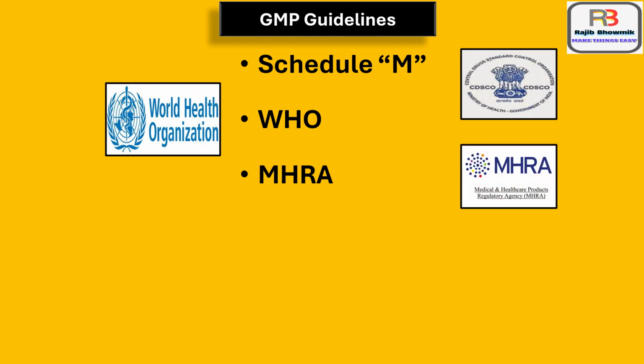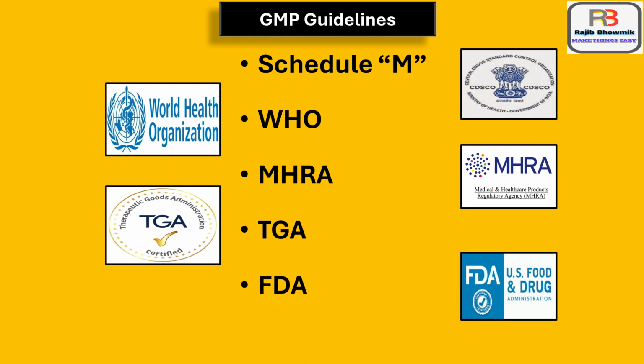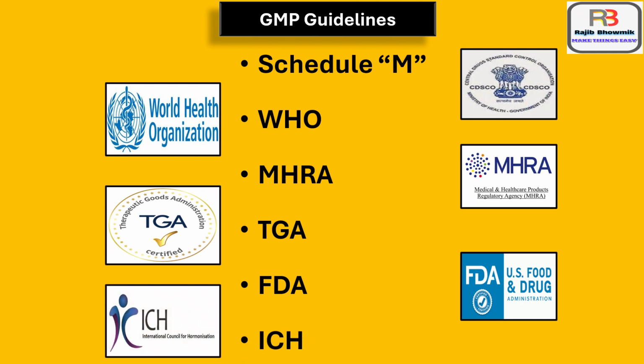MHRA, that means Medical and Healthcare Product Regulatory Agency. Then TGA. TGA means Therapeutic Goods Administration. Then FDA. FDA means Food and Drug Administration. Then ICH. ICH means International Council for Harmonization.